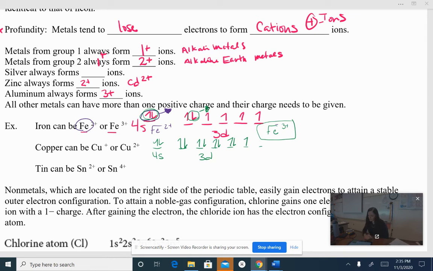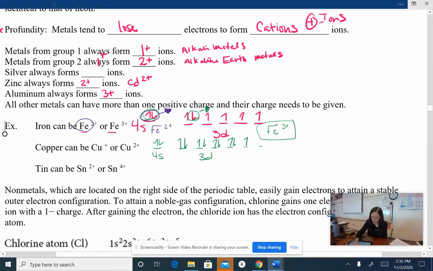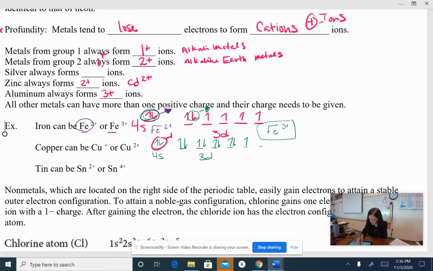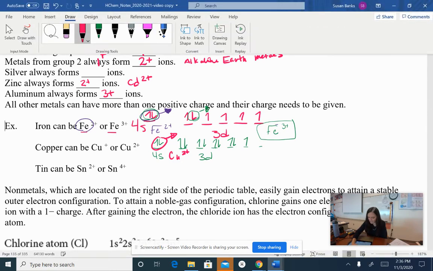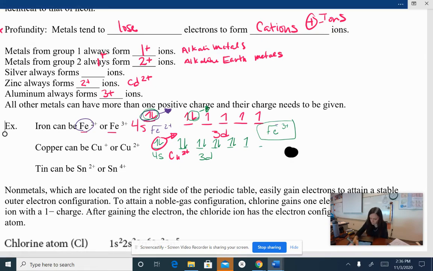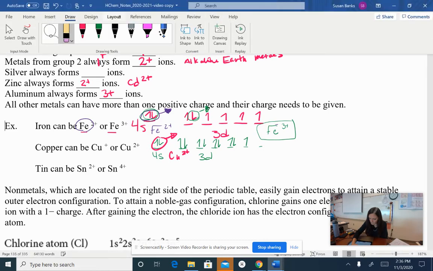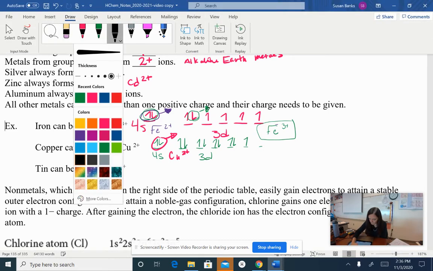Okay, so we can have the valence electrons leave. That will give us our copper +2. Or remember when I said things are super stable when they're exactly half full? Let's make this a little bit thinner.